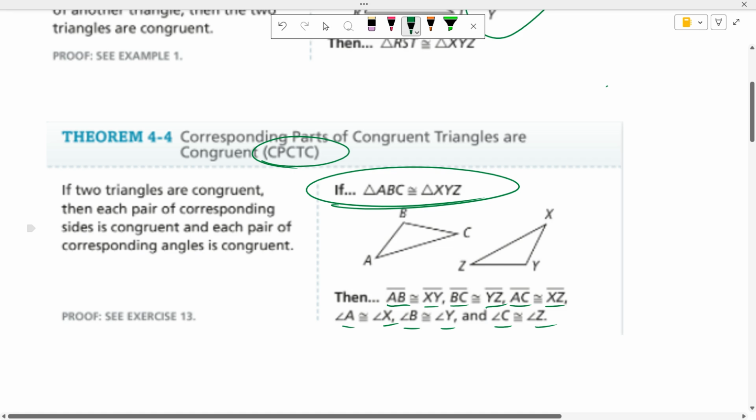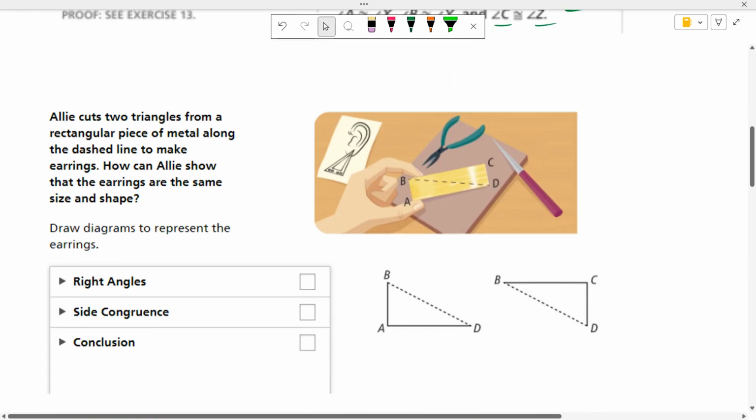The corresponding sides and the corresponding angles are all congruent to each other. So we'll abbreviate it CPCTC. Once it's proven that the triangles are congruent, so you have to say the triangles are congruent first, then you can start saying sides and angles are congruent.